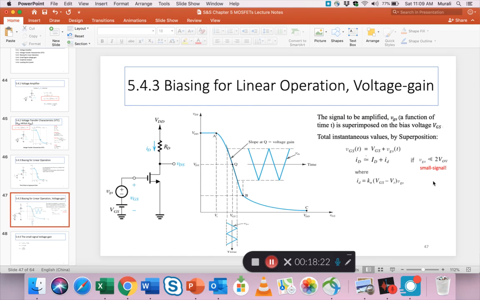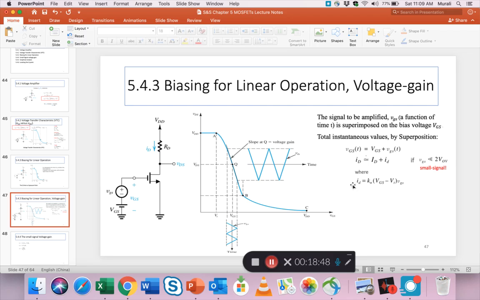So assuming small signal, meaning assuming we meet this condition, then you can write the current also as the sum of the DC current plus the signal current. And the DC current is shown as big I D, and the signal current is shown as small i small d, and the total is shown as small i big D. Okay. And what is the small i d? How do you find it?